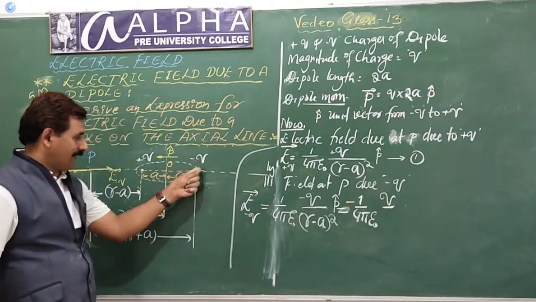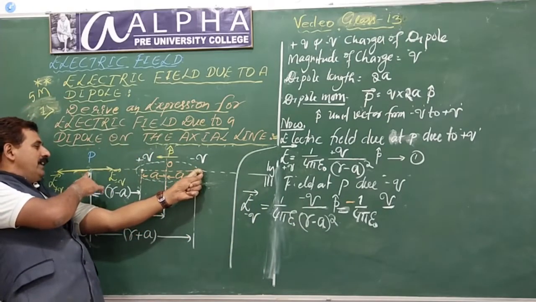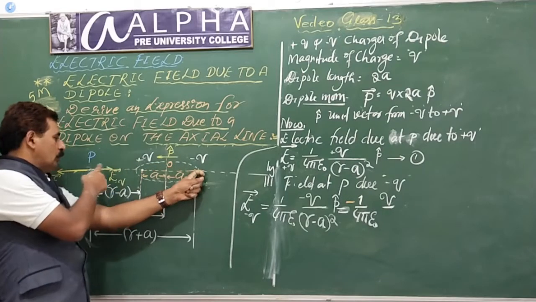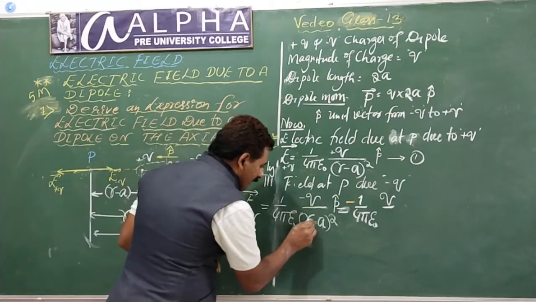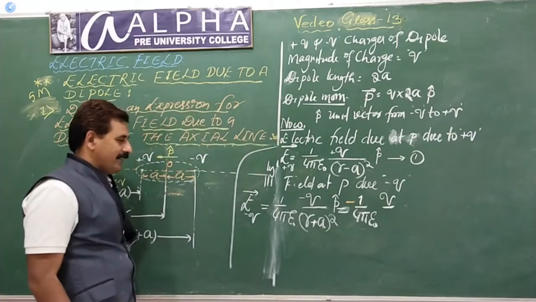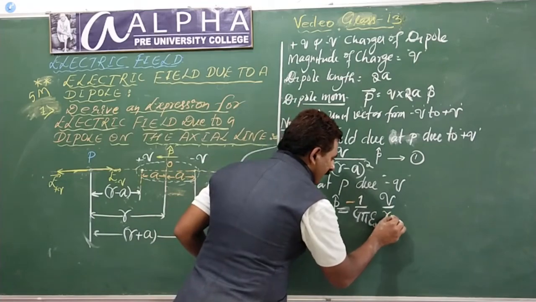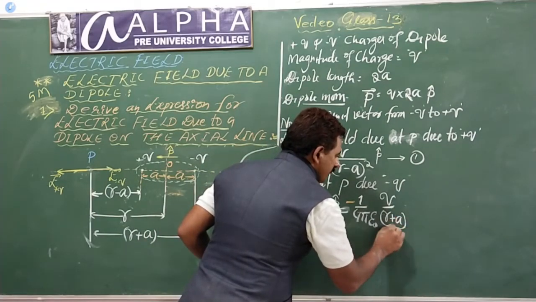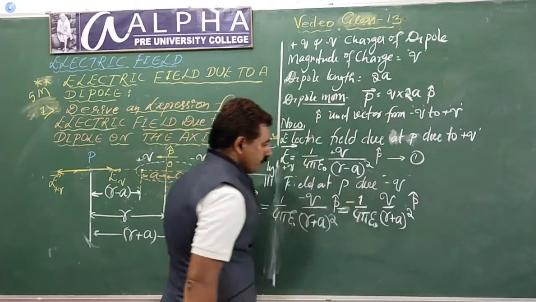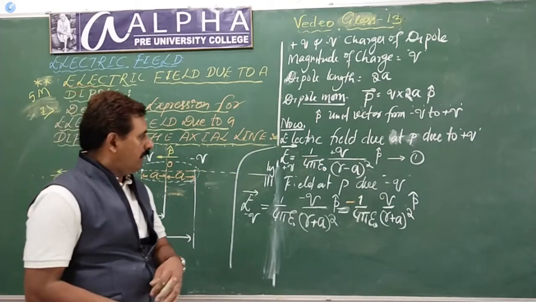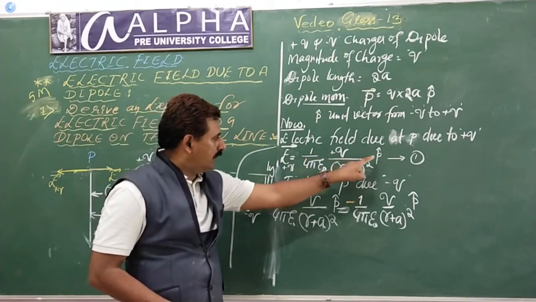Minus Q is here, you are finding electric field here, at P. Minus Q to P is R plus A. Don't write simply R minus A. R plus A whole squared, P cap.